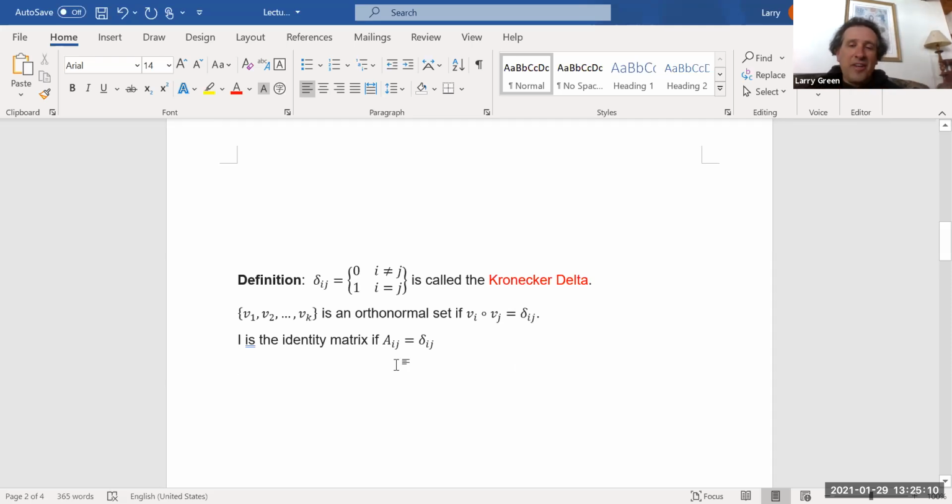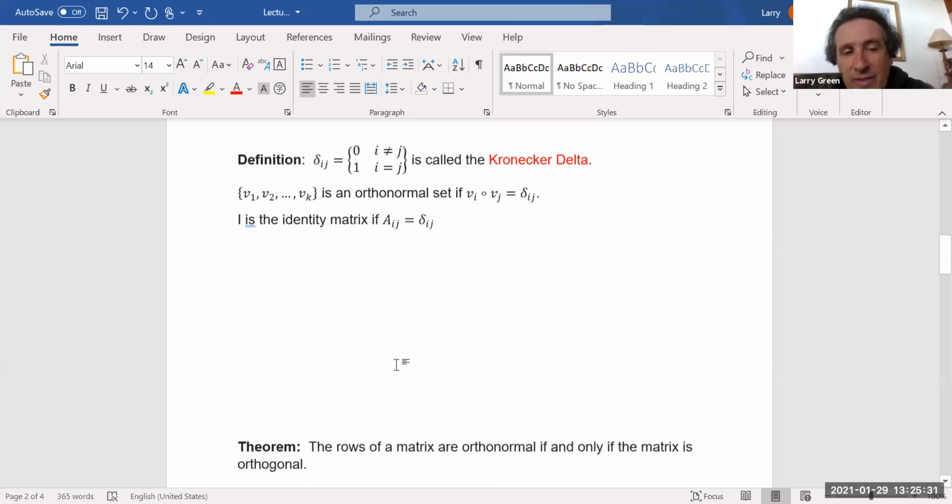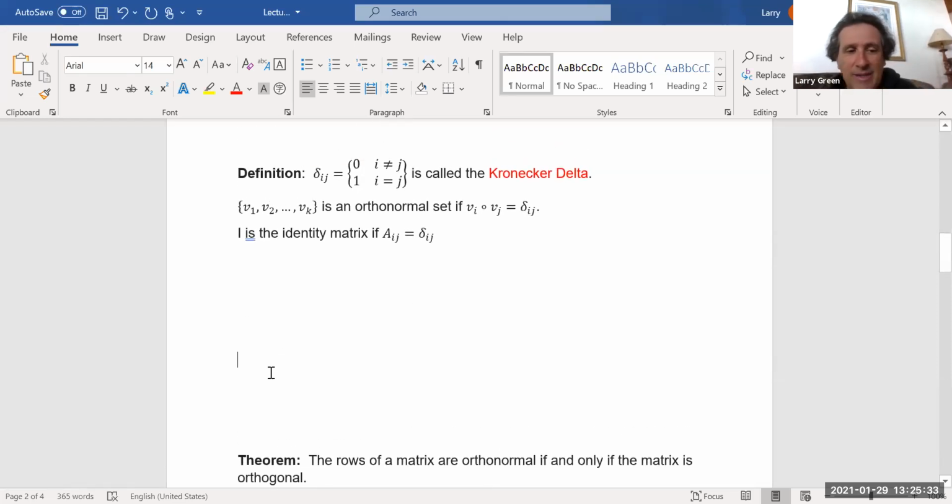So this Kronecker delta is just a very nice symbol to be able to say something that comes up all the time in this class. And that is 0 if you're different, 1 if you're the same. Any questions on this Kronecker delta symbol? Again, it's just a symbol. There's nothing really much to understand, but it's a very convenient symbol. And just when you least expect it, that's when I'm going to use it.